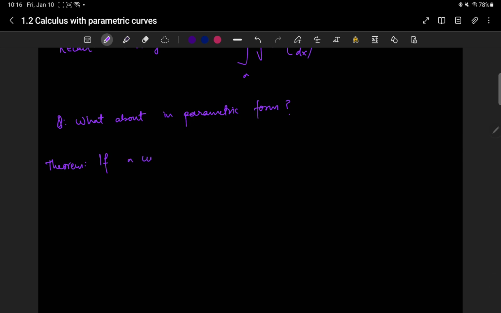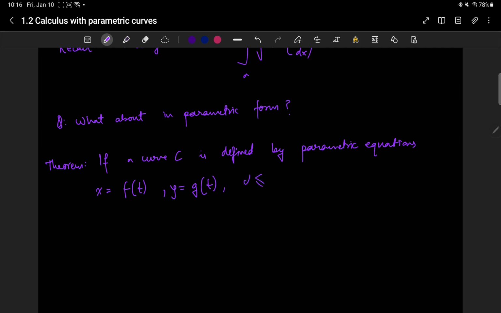If a curve C is defined by parametric equations given by x is f of t, y is g of t, and we have that t is between two values alpha and beta, where f prime and g prime are continuous on this interval alpha beta.